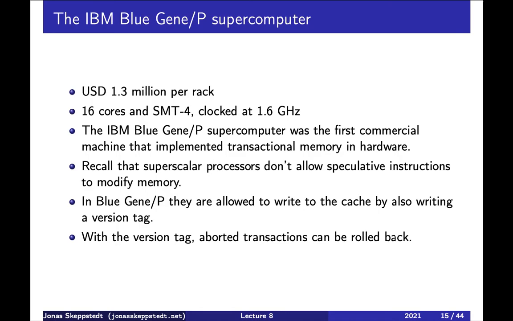Okay, so how can one then run transactions which in a sense are speculative, or at least it must be possible to cancel them. What is done is that the writes, I mean the stores, are done to the second level cache, and the cache block is also versioned, so that if there is a need to cancel a transaction, then the cache blocks with a certain version can be removed.